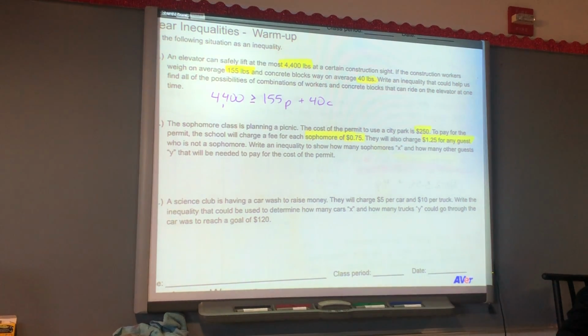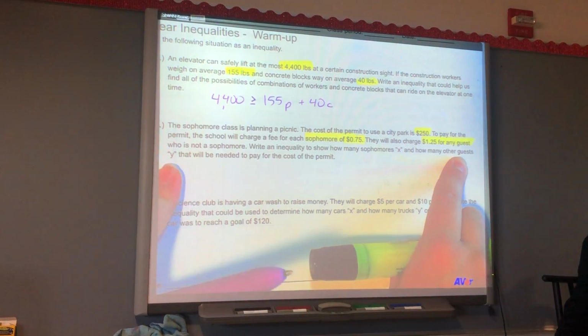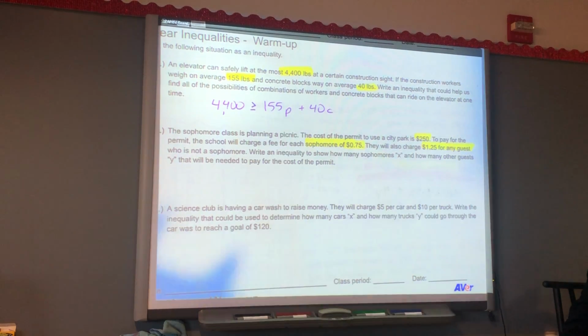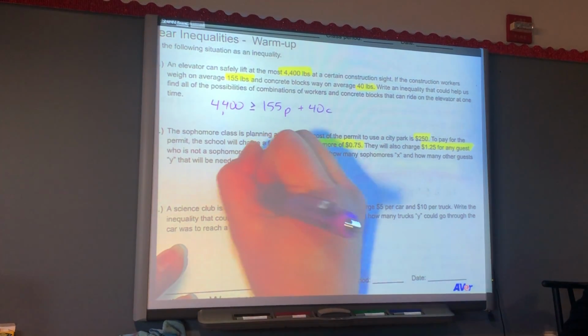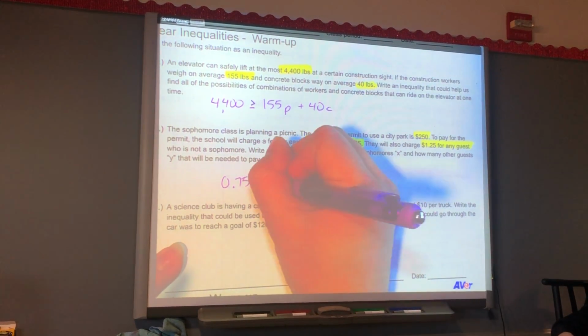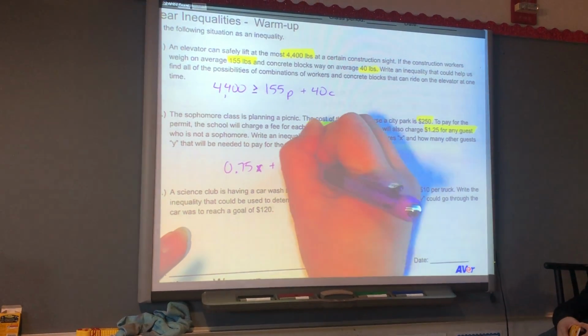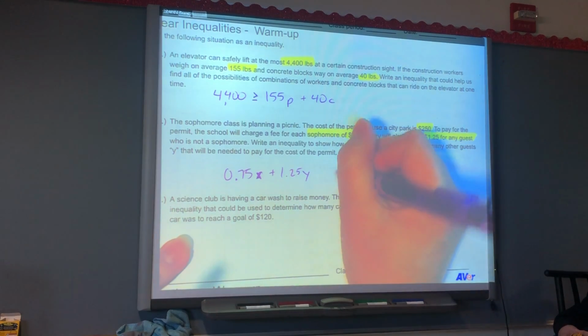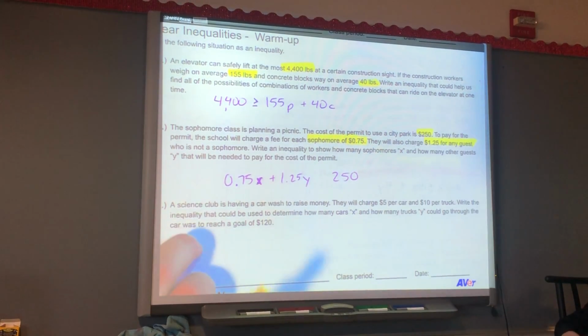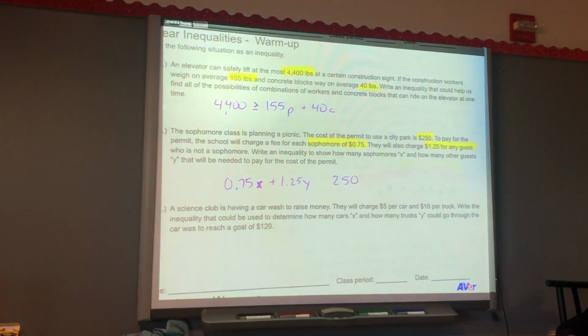Write the inequalities. Sophomores are X, other guests are Y. So if I'm going to pay 75 cents per sophomore, or I guess it's X, right? And $1.25 per guest, I need it to equal $250 to pay for that city permit.